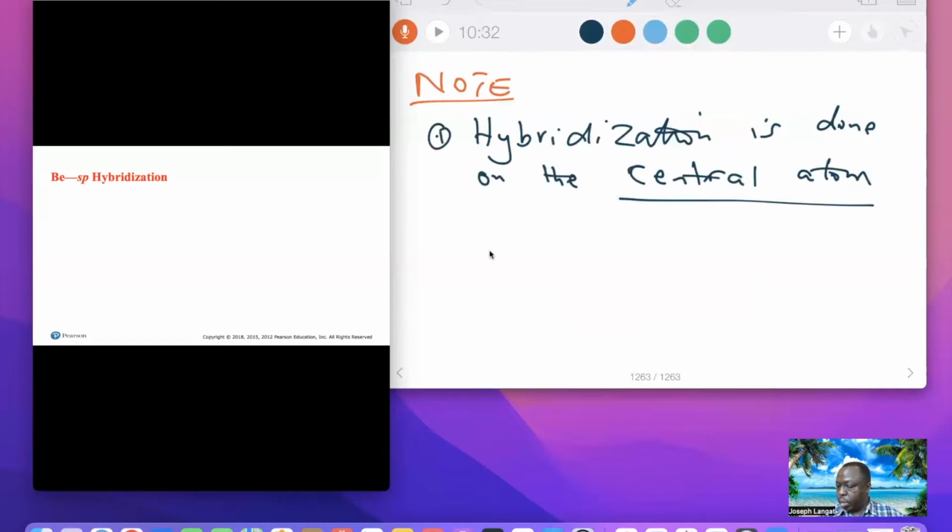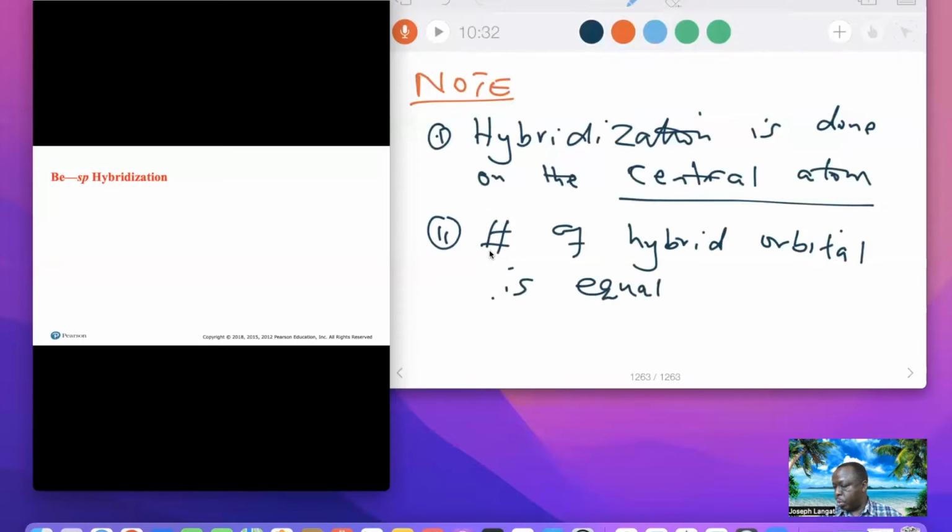The number of hybrid orbitals equals the number of atomic orbitals being mixed.